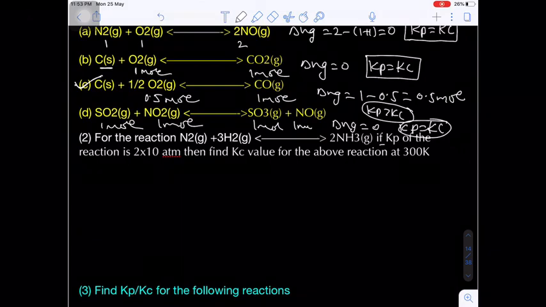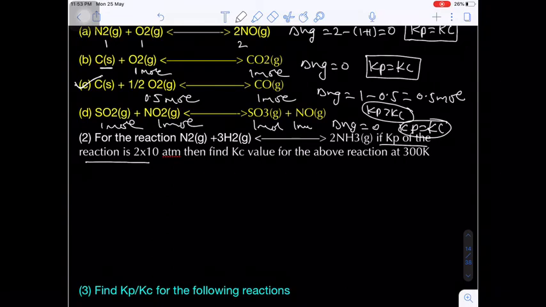For the reaction, Kp of the reaction is given as 2 into 10 raised to, here some value is missing, I think. Let's suppose this value is 2 into 10 raised to minus 2 atm.